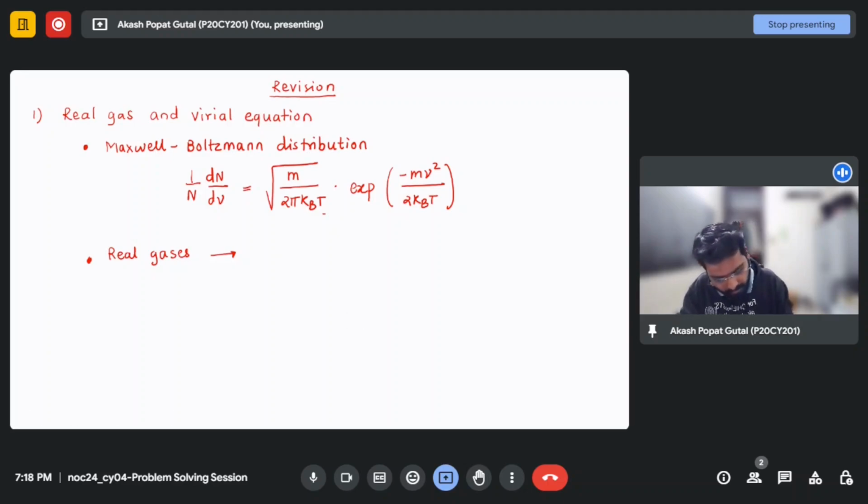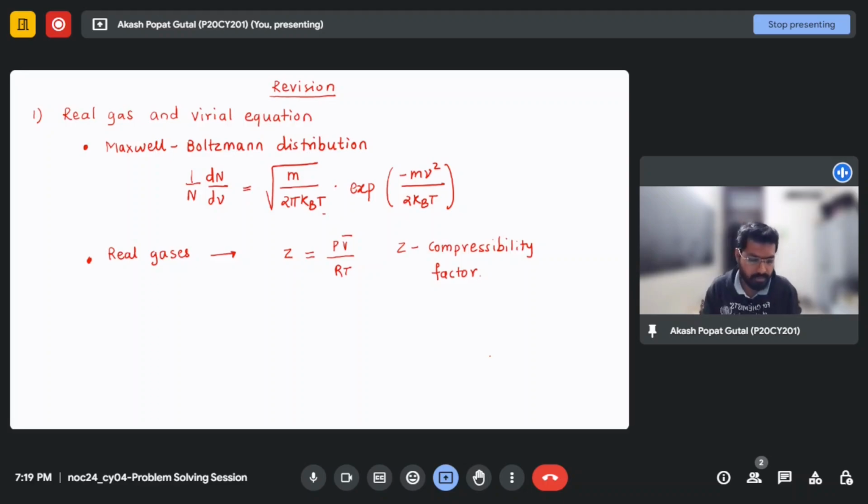And we discussed what the Z value is, that is the compressibility factor. So Z we called compressibility factor. How real gases deviate from the ideal gas, the value of the compressibility factor gives us information about that.